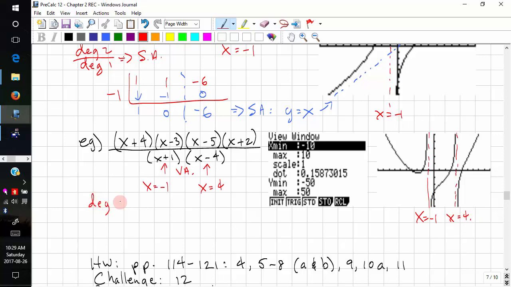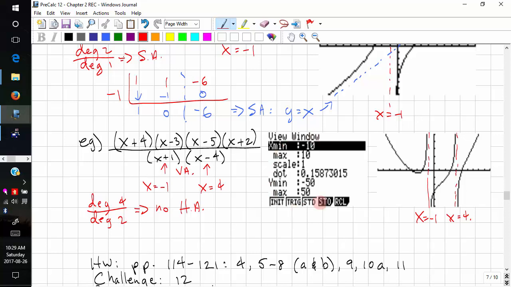Degree of the numerator is 4. Degree of the denominator is 2. No horizontal asymptote. Okay, we only have horizontal asymptotes when the degree of the numerator is less than or equal to the degree of the denominator.